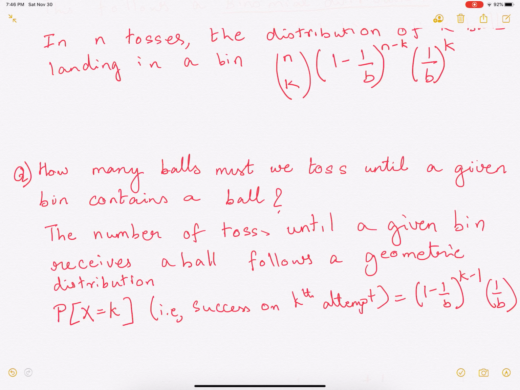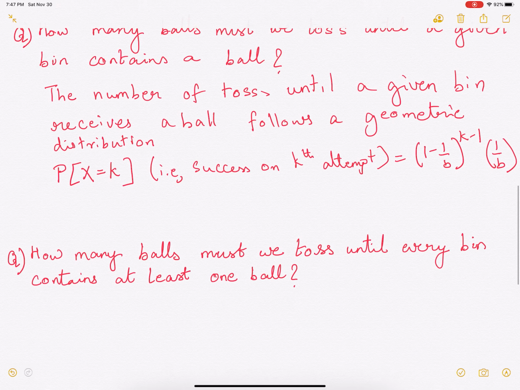So k minus 1 failures followed by a success. So answering this question turns out to be nothing but a geometric distribution. Now you see the balls and bins setting renders itself beautifully to a whole bunch of different distributions that we have studied and helps us answer these different kinds of questions.